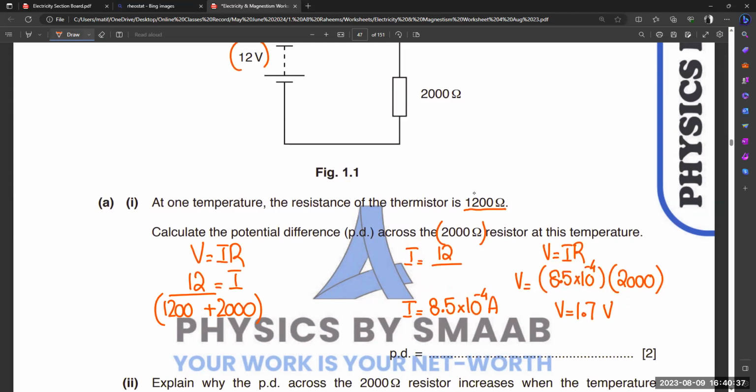3200. Sorry, 3200, right? So what will be your new value? It will be 3.75 multiplied by 10 to the power minus 2.